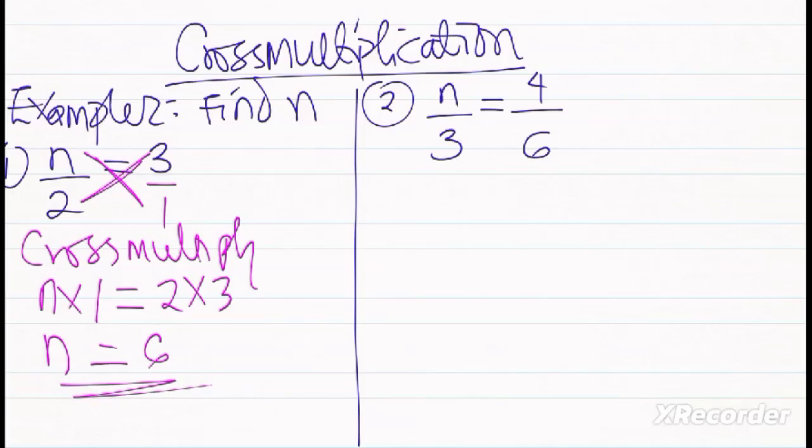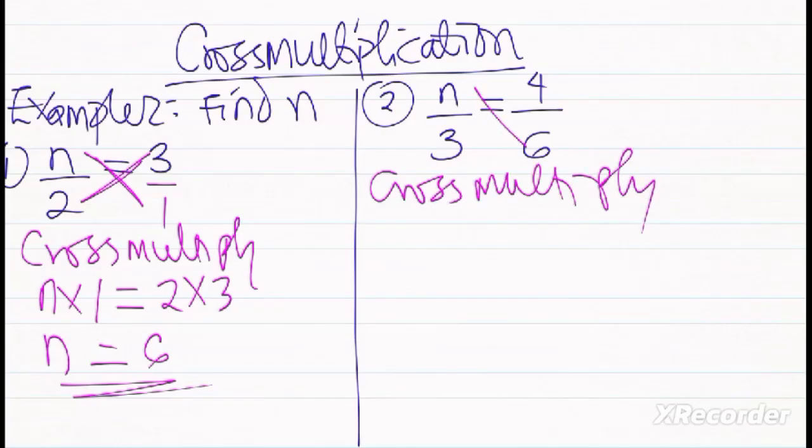Let us consider the second example. Just as we said before, you will see that what we are looking for is in the form of a fraction, and it is equal to another thing, which is a fraction in this case. So we just say cross multiply. Okay, so we multiply like this, that's n times 6, and we multiply like this.